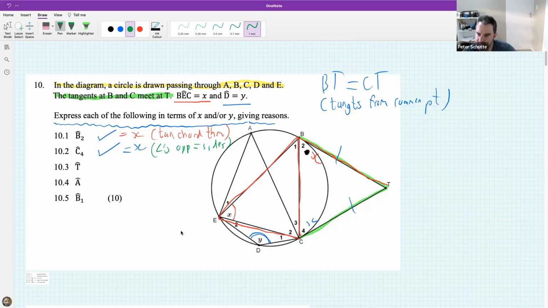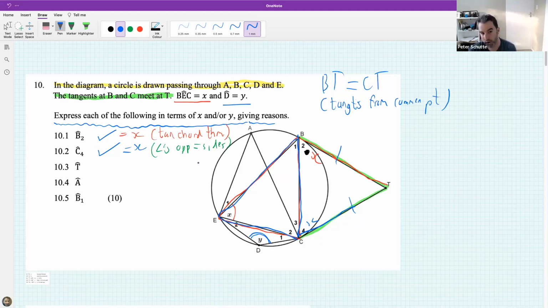Okay, so can I say tan chord? Well, we did say tan chord theorem. For this one, you couldn't really, could you say tan chord? Oh, you could actually, you're right. Sorry. Fatejo is absolutely correct. You can do it like I did it, but you could use the same reason, because this is a tangent, that's a chord, and you can make the x in the same way.